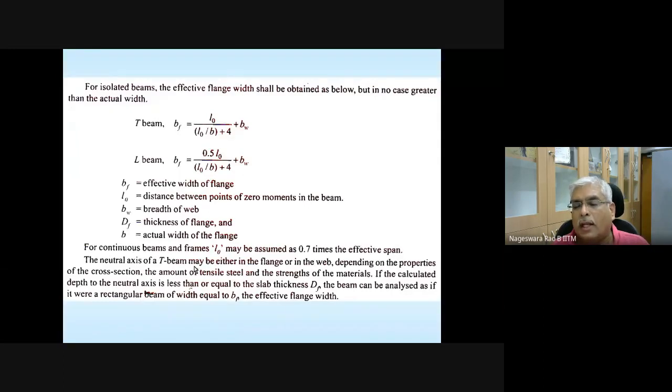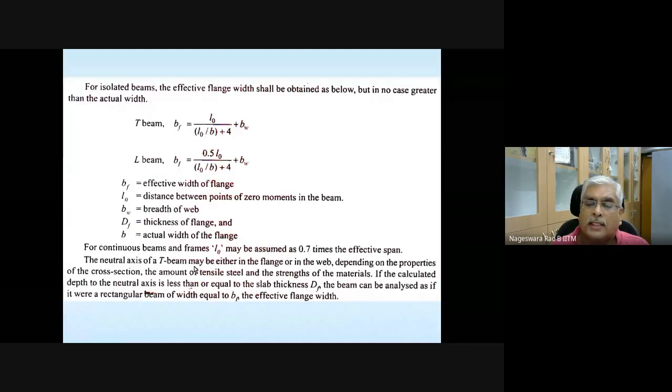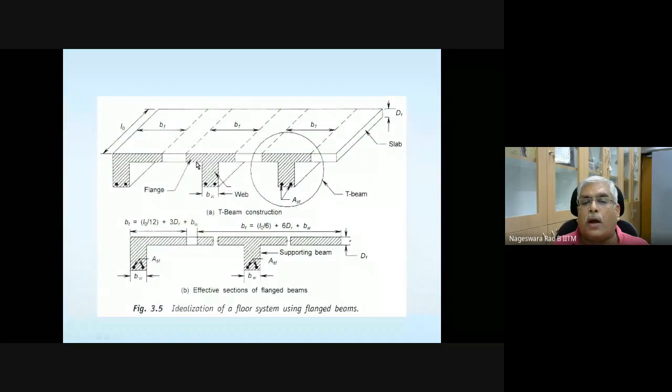When we looked at analysis, we saw the neutral axis can fall within the flange, or it can coincide with the junction between the flange and web, or it can fall here in the web region.